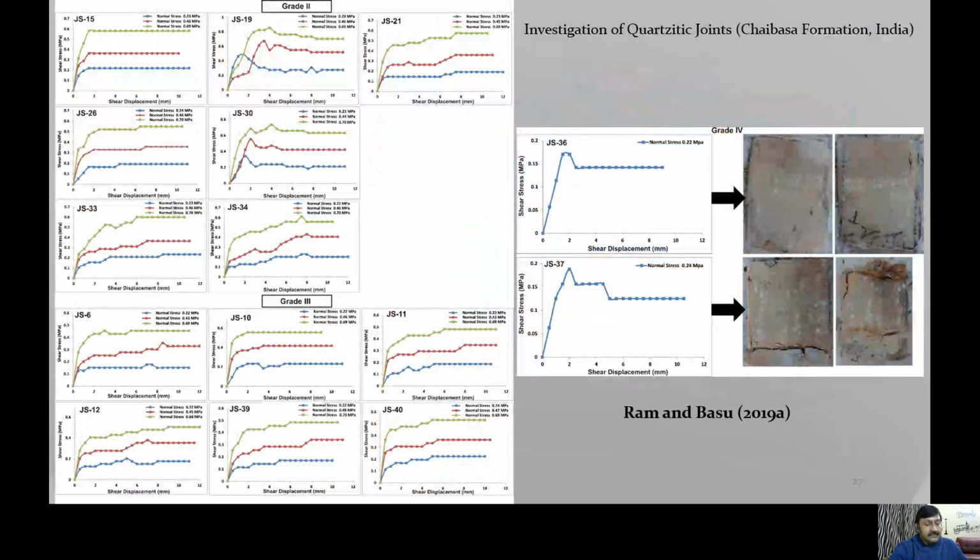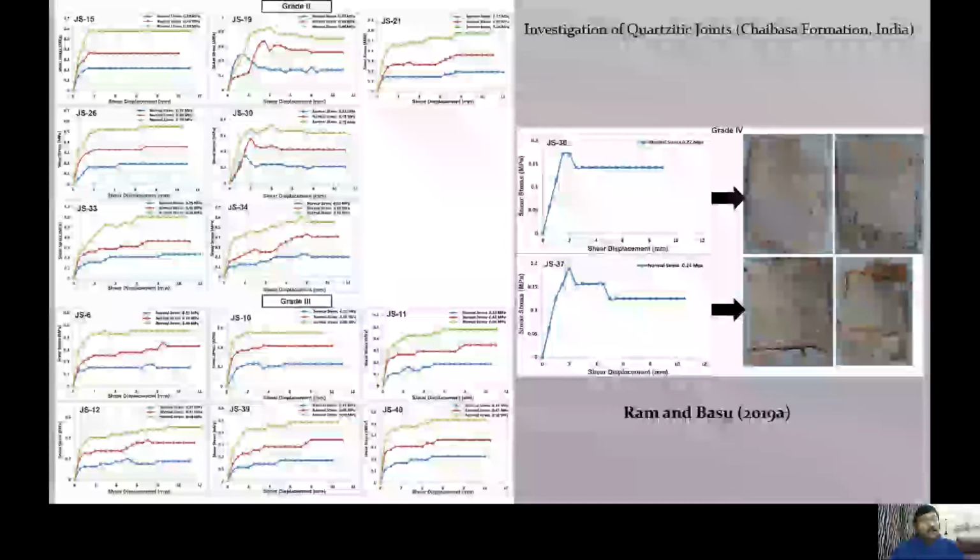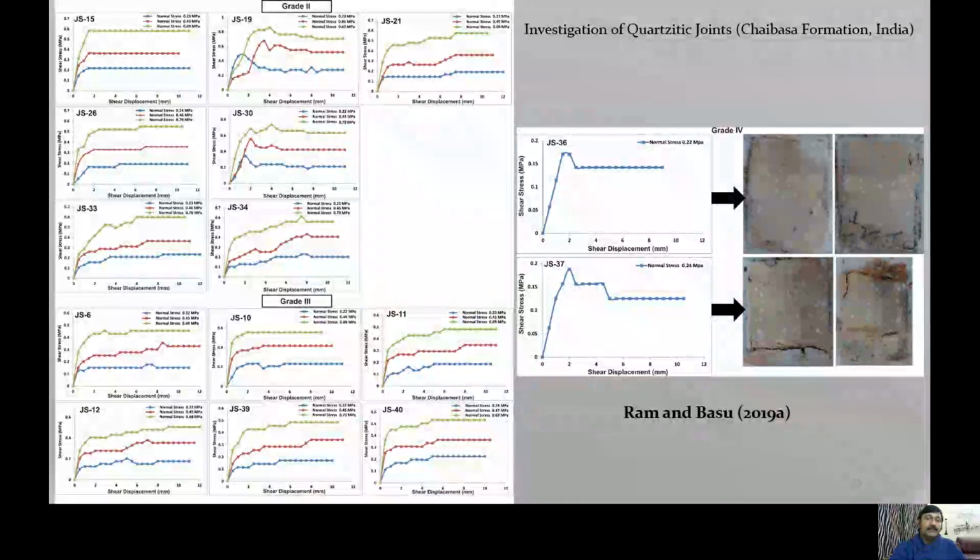Multi-stage direct shear tests were performed at low normal stresses at 3 different subsequent stages, and this low normal stress is in compliance with the shallow depth where this weathering is primarily expected.